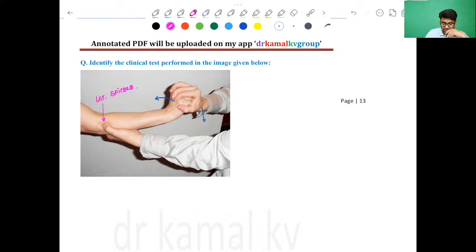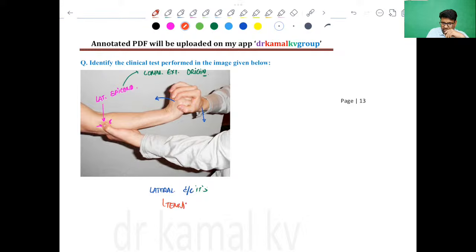There is some strain over the lateral epicondyle, and from anatomy I think all of you must know that it is the common extensor origin, right? So this particular condition is known as lateral epicondylitis, or in clinical practice we call it tennis elbow, right? So this is lateral epicondylitis, clear, or tennis elbow.